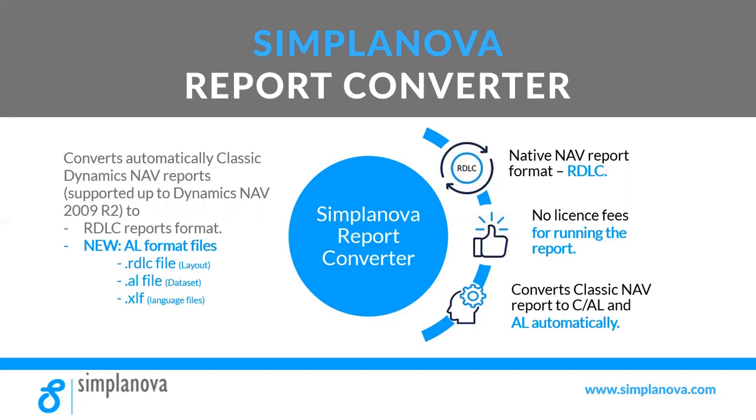And what is the output? What is the end result? You will get an RDLC file as a layout, an AL file as a dataset, and an XLF file as a language file.